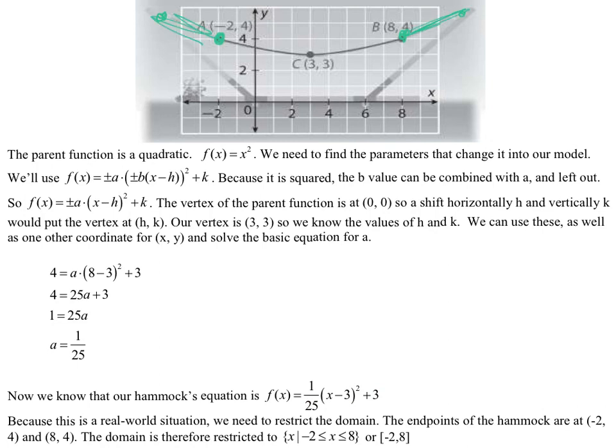Okay, so this is the hammock part right here and right here. So the domain of the hammock itself would be from this x value, -2, to this x value, 8. We would say in set notation, x given -2 is less than or equal to x is less than or equal to 8, or in interval notation, which I prefer, [-2, 8].